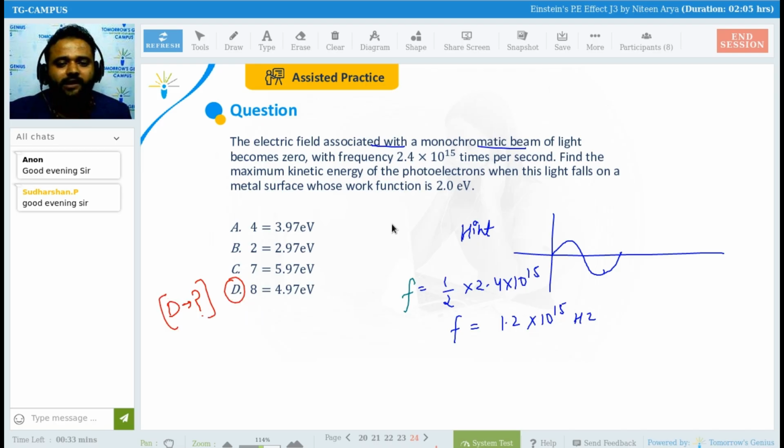B. Anyone else? One says D, one says B. Does someone get A or C also?